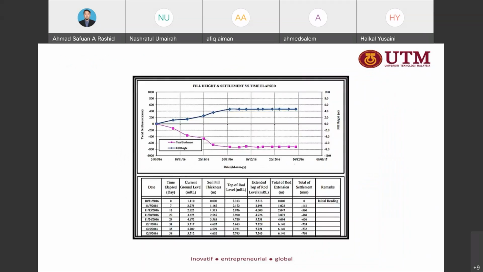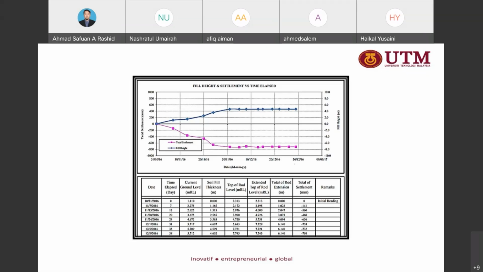So this is the calculation. This is a graph to show what the settlement value will be during the filling process. Until we have completed the filling process, there will be no settlement happening. This means there is no immediate settlement right after completing the fill height installation.